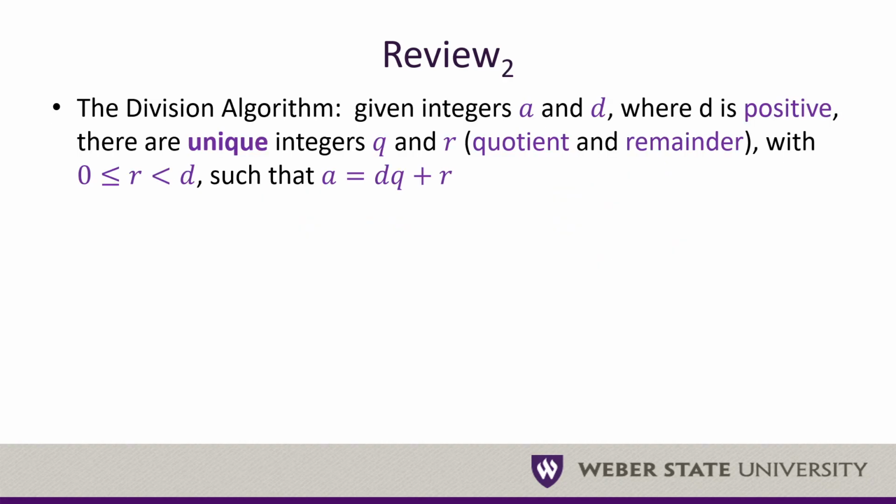Another thing that we looked at was the division algorithm, which is not an algorithm. It's just kind of a description of the idea of how we can relate integers to each other.